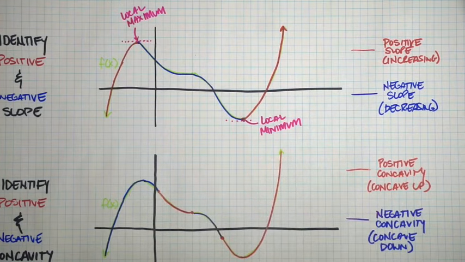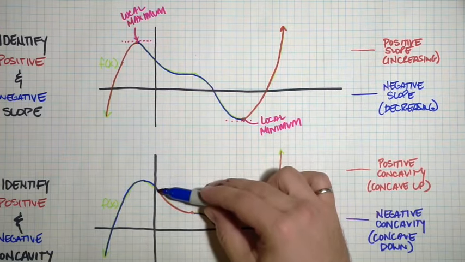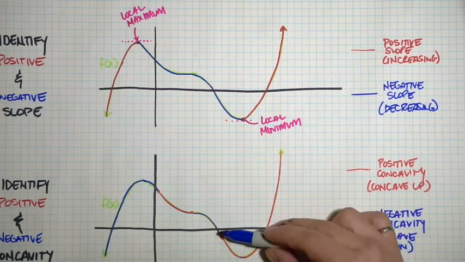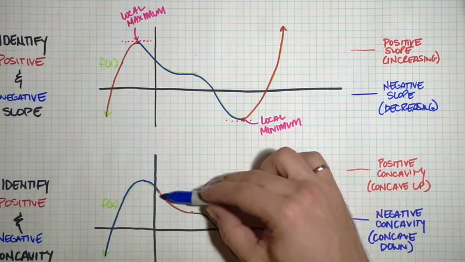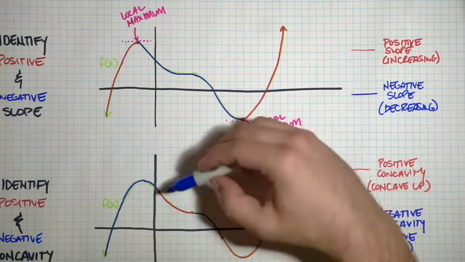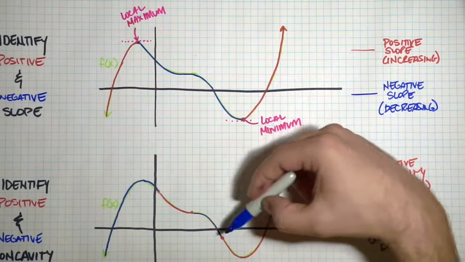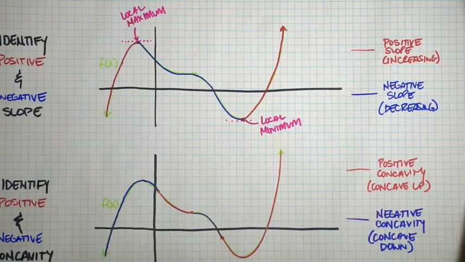So, remember what that means. The second derivative for this region is going to be negative, and for this region it's going to be negative. The second derivative for this region and this region are going to be positive. Okay? Now the question is, what are these points in between where they change from having a positive concavity to a negative concavity? We actually have a special name for those.